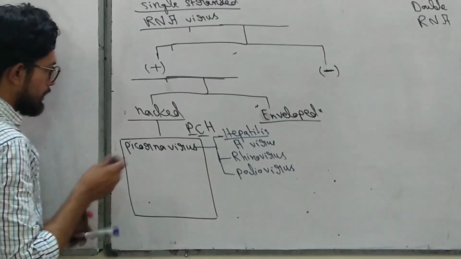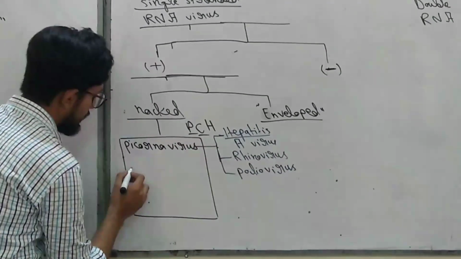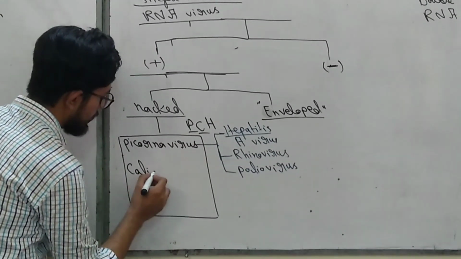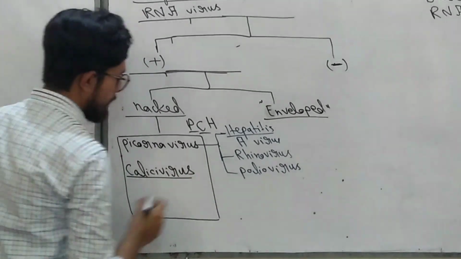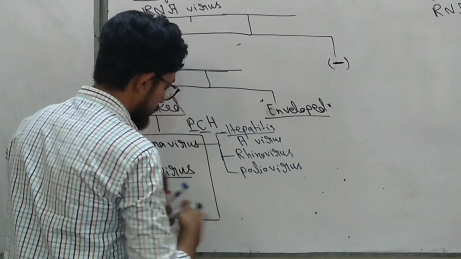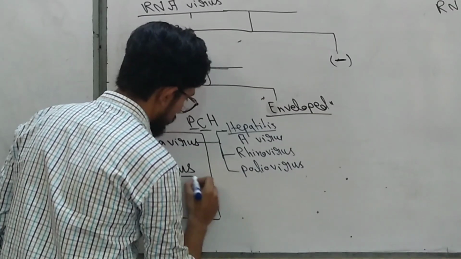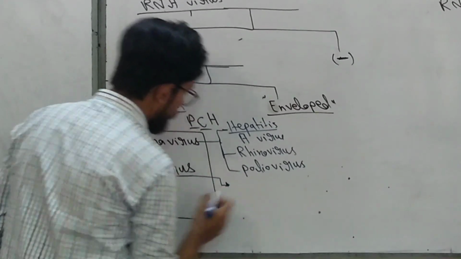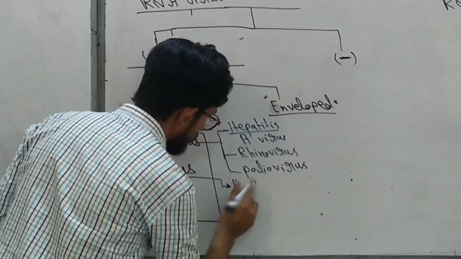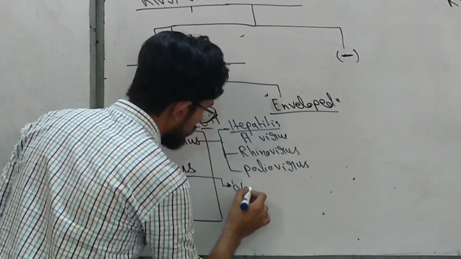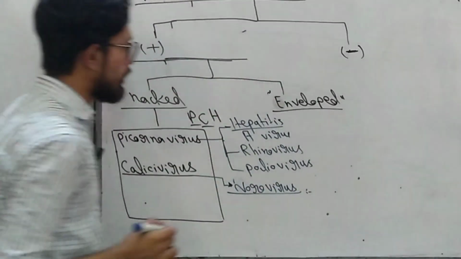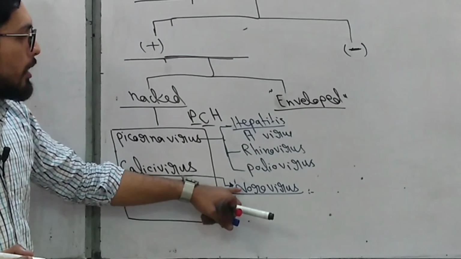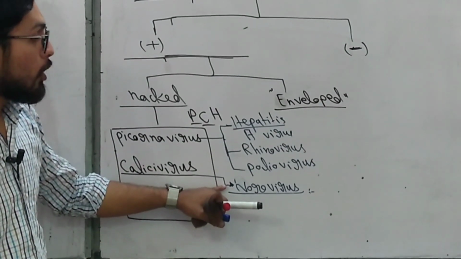All right, the second group is C, calicivirus. The most important calicivirus is norovirus. One thing you have to remember here is that norovirus is the most common causative agent of viral diarrhea.